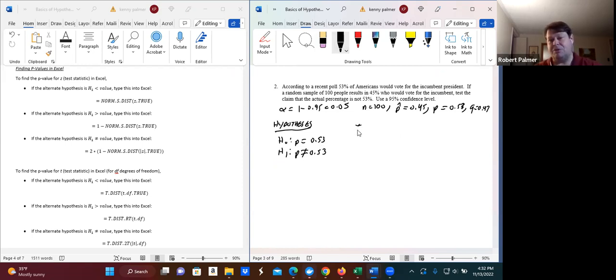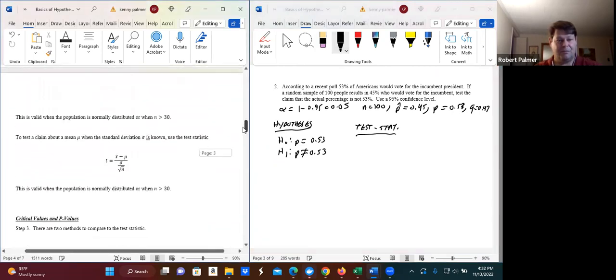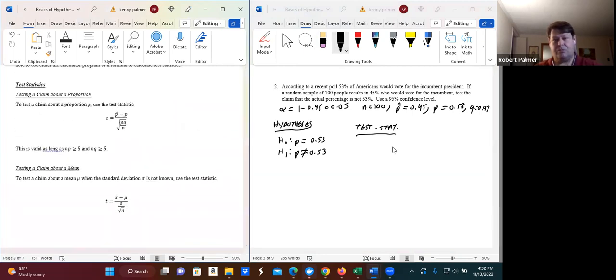Now, let's do our test statistic. All right, the same test statistic as before, the same z value.